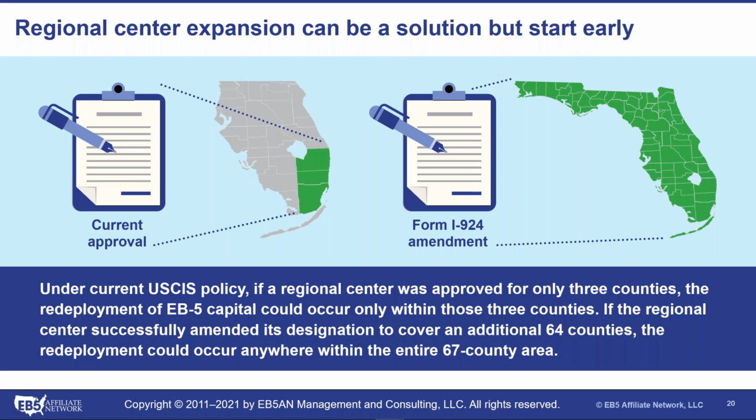So that's something to really keep in mind for projects with a smaller coverage area, where maybe that developer has another project, but it's not right down the street from the original one. So just a good strategic approach to where the investment might occur.